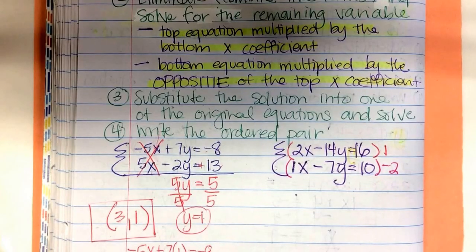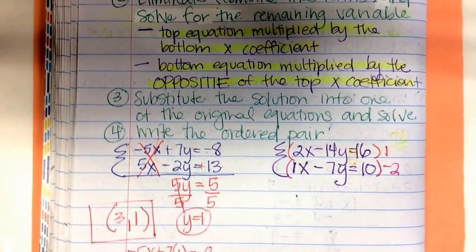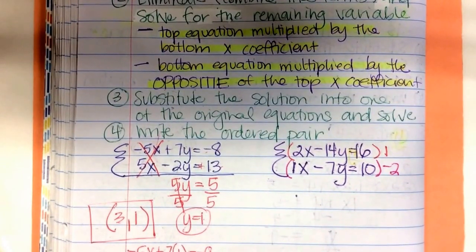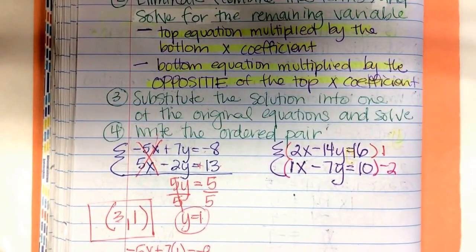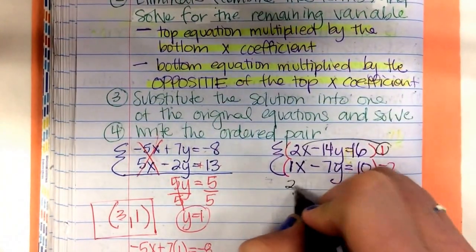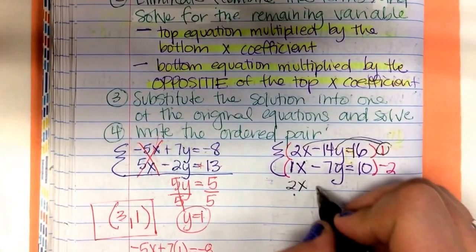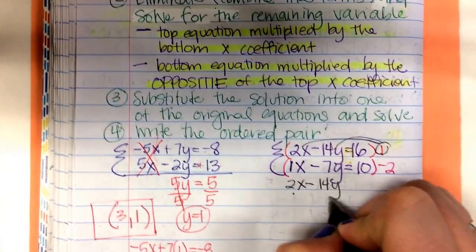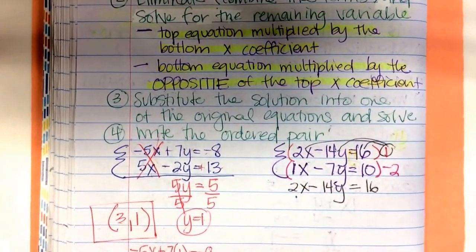What do you get? On top, what happens? Nothing, right? When they're multiplying by 1. I mean, you can prove it. 1 times 2x is 2x. 1 times negative 14y is negative 14y equals 1 times 16 is 16.